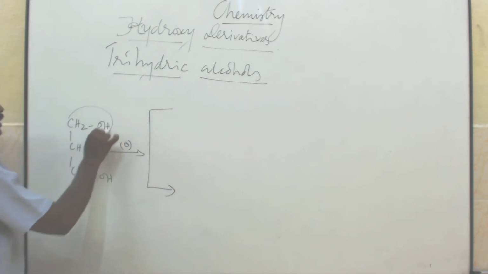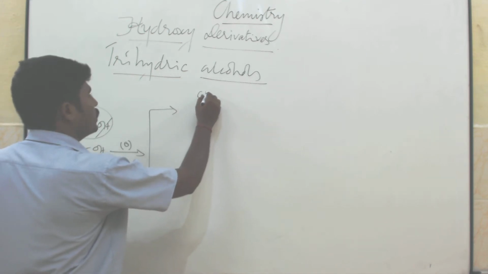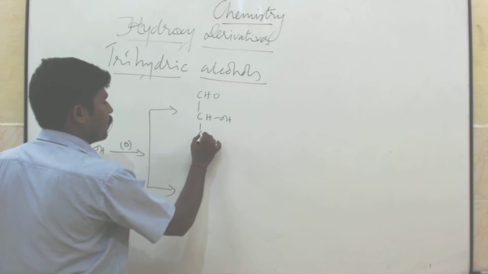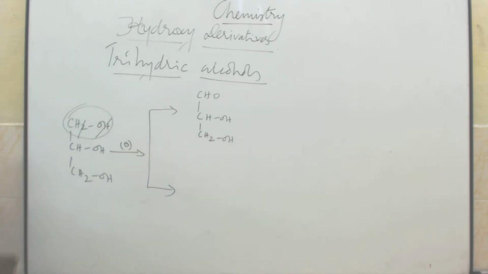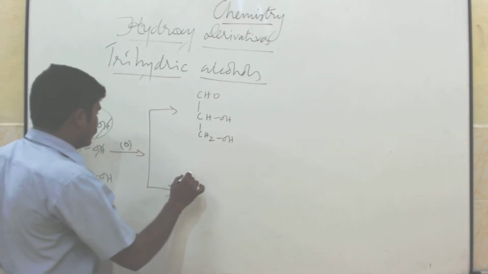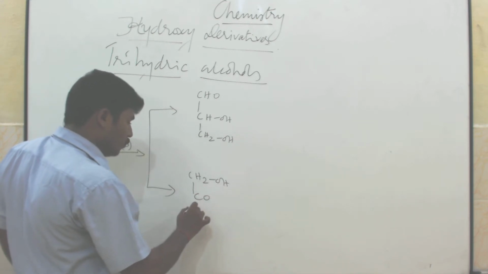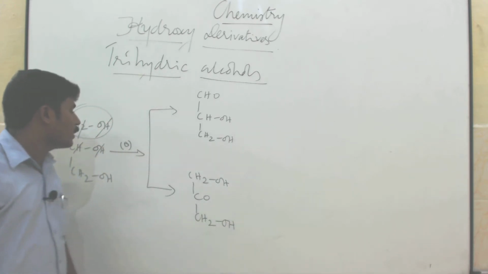So primary alcohol converted into aldehyde because of removal of two hydrogen atoms. So CH2O remaining as it is. What is one more way? Secondary alcohol, this converted into ketone. So as it is remaining, CH2OH, CO, CH2OH as it is. Clear?